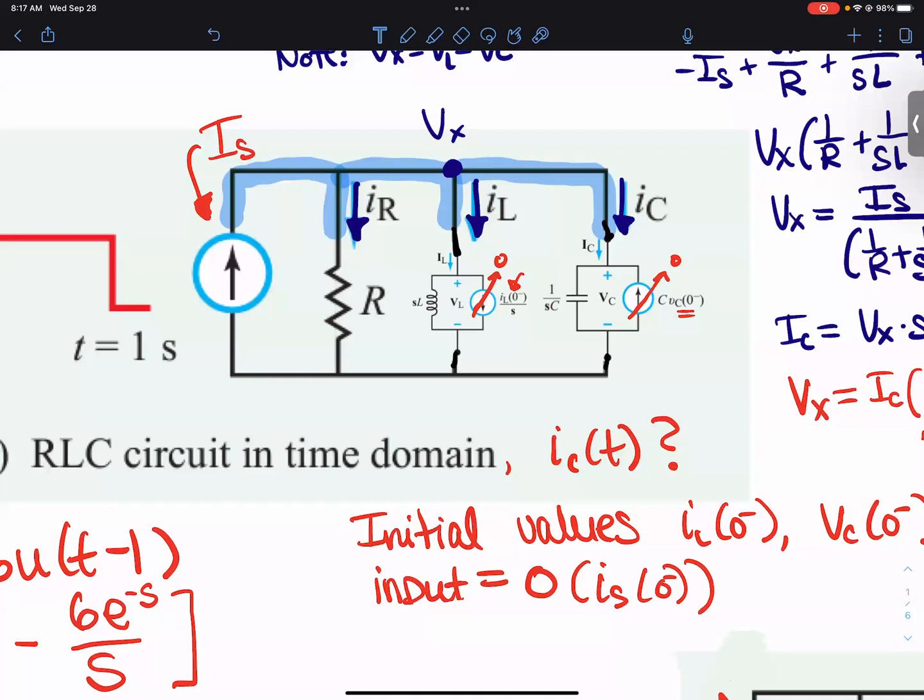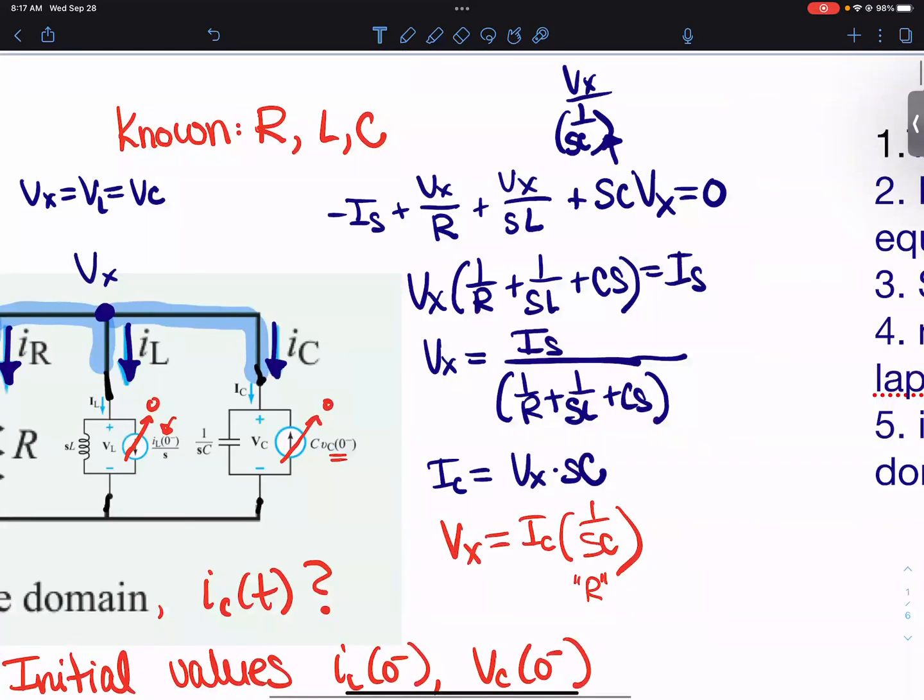It doesn't matter which one you pick. Both are going to yield the same solution. So it's just a matter of how many equations you need to solve for that unknown variable. So in this case, it was easier with our initial conditions being 0. But if we have a case where they're not, you would put a value in for the current source in this case. Then we did node voltage.